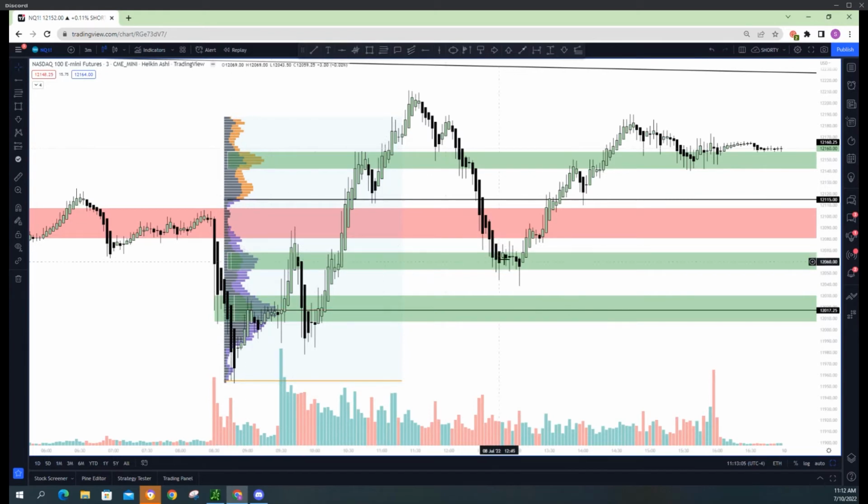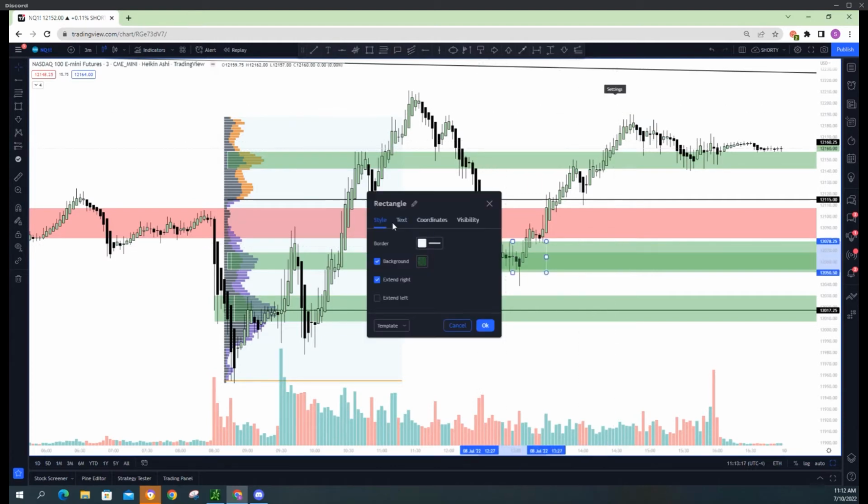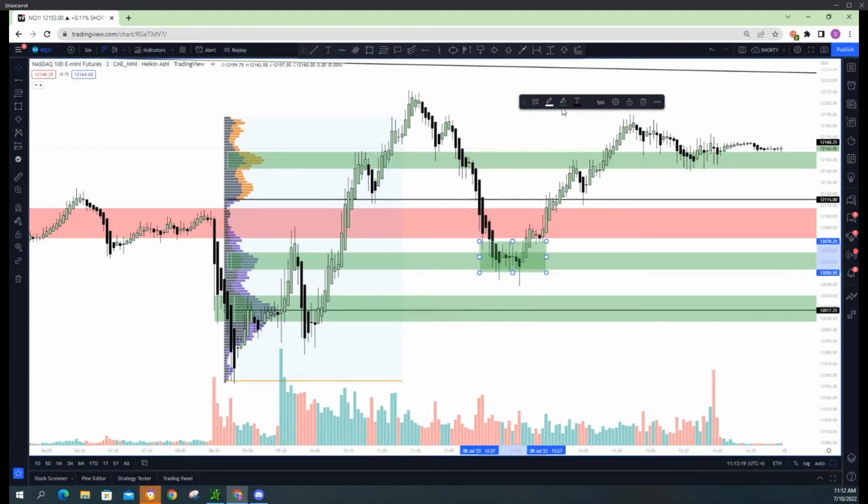And it came back and they defended that pretty nicely here, and they drove it up. So if you just used, see this guy here. So if you saw this right here, you're basically accumulating at the level where we had a shelf. And that's probably why the shelf was created, because of this action right here.